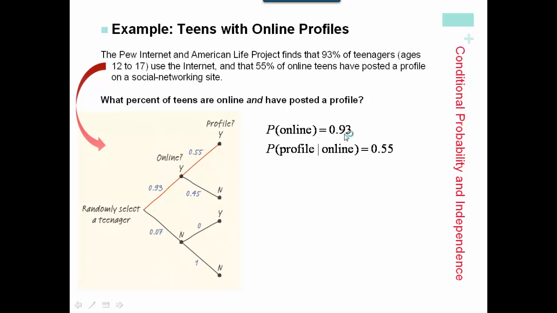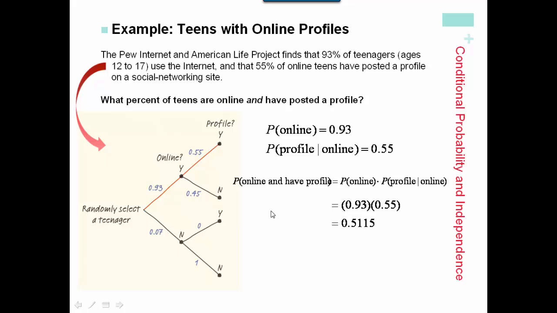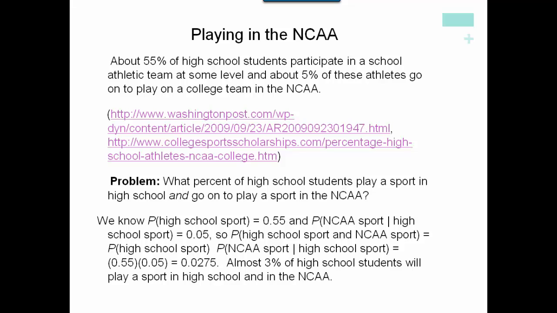The probability of online is 0.93. The probability of a profile given online, that's the second tier, is 0.55. So we multiply 0.93 times 0.55 and get 0.5115, which means 51.15% of teens are online and have posted a profile.